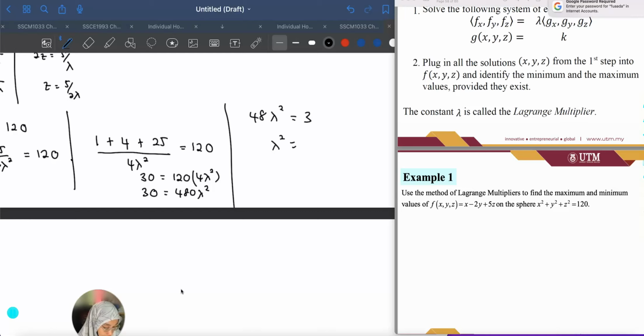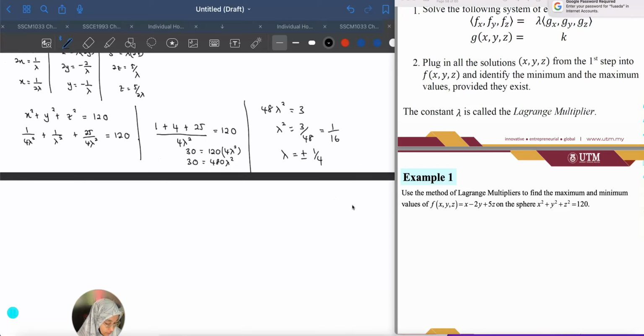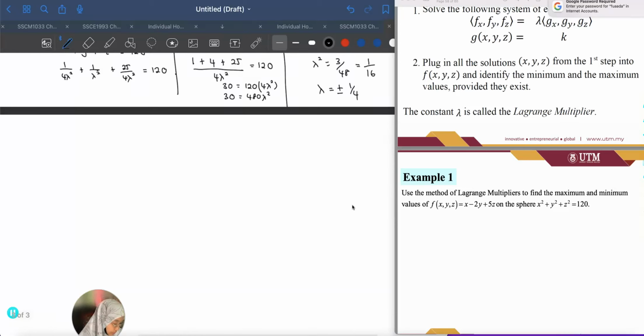Lambda squared is 3 over 48. Right. Is that correct? That's right. Okay, so we managed to get two values of lambda, 1 over 4 and negative 1 over 4.